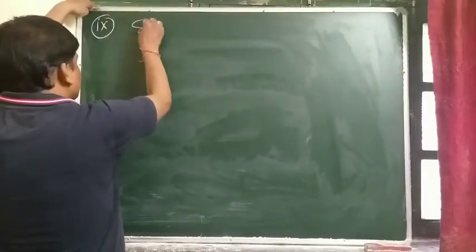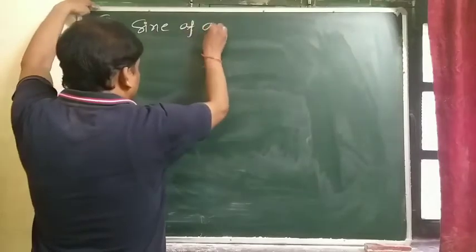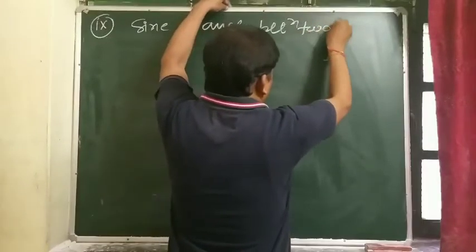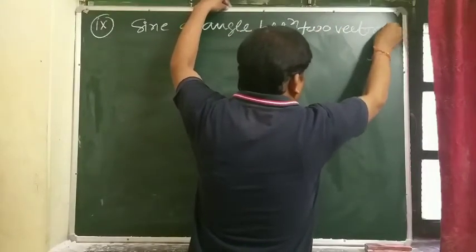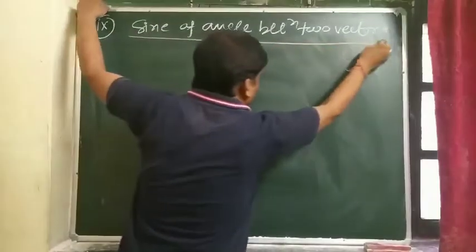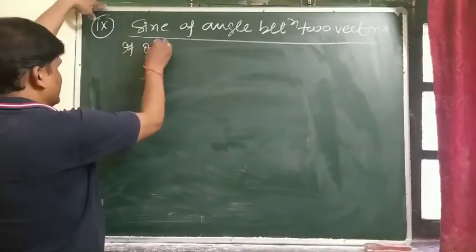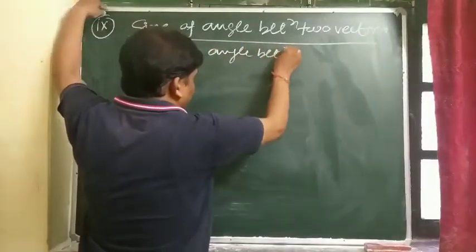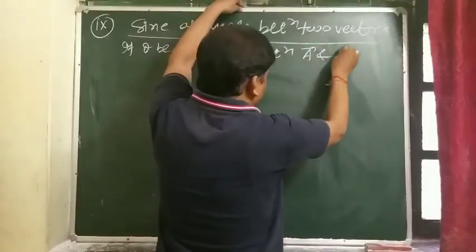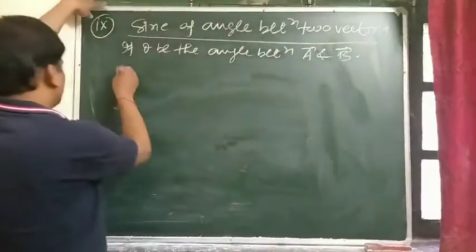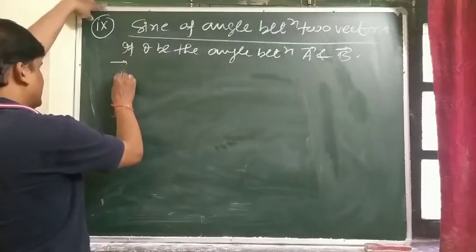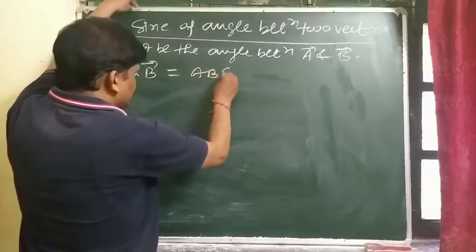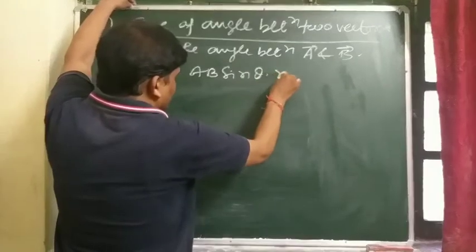Student, sine of angle between two vectors. You know that if theta is the angle between vector A and vector B, the vector product of two vectors A cross B is written as AB sin theta into unit vector.